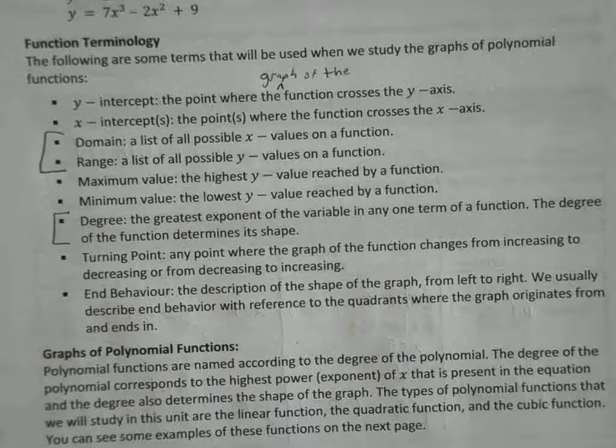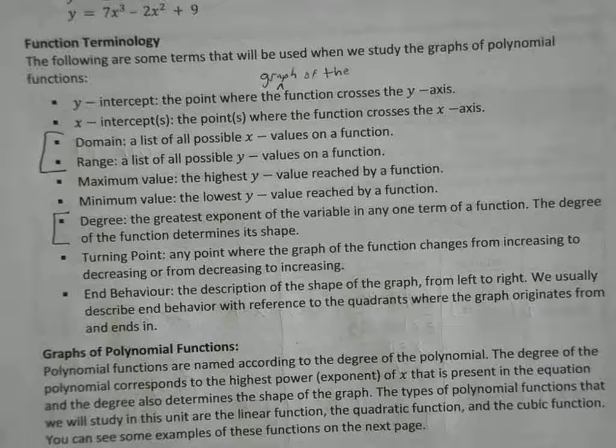There might be none, there might be one. For polynomial functions up to cubics, what we're going to look at, you could have up to 3 x-intercepts. Okay, you won't have more. When we get to sinusoidals, you could have an infinite number of x-intercepts, and we need to look at how that works once we get there.